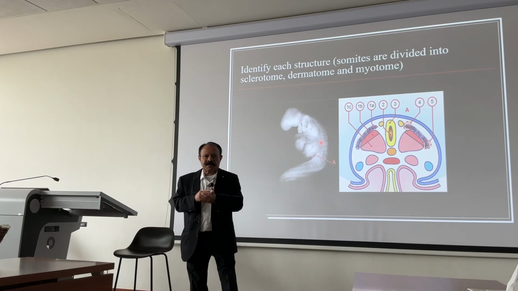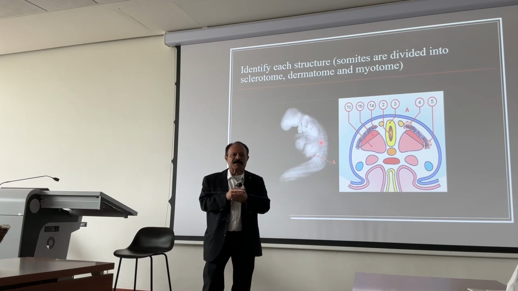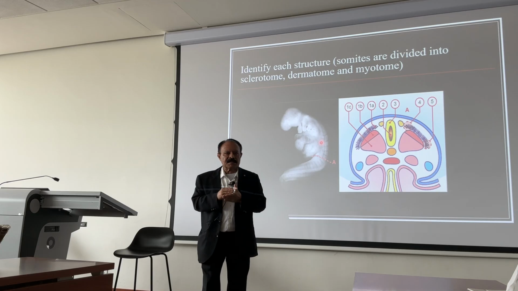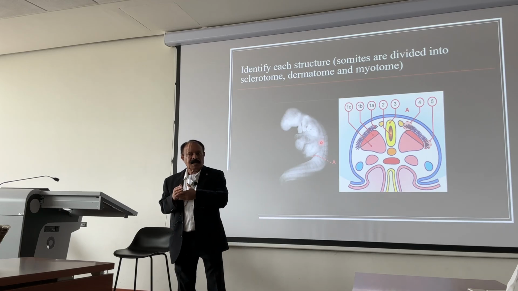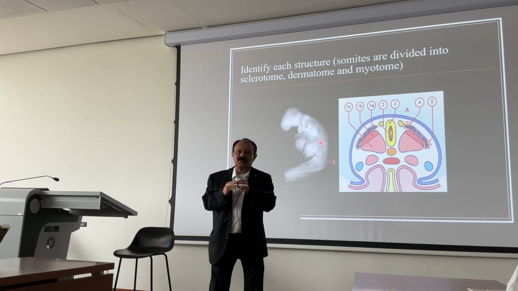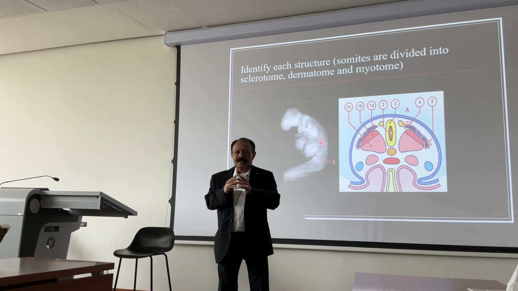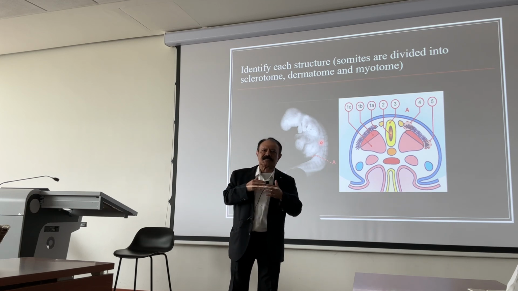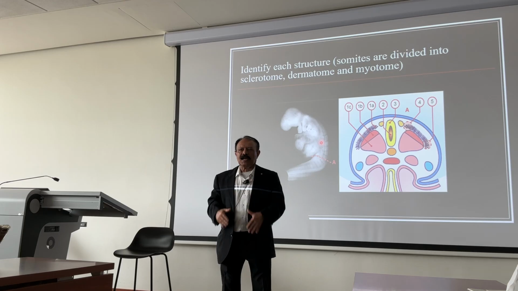First week is 0 to 7 days, second week is 7 to 14, third week is 14 to 21, and fourth week is 21 to 28. Limb development starts in the 4th week. The early part, the upper limb starts. The late part of the 4th week, around 28 days, the lower limb comes.